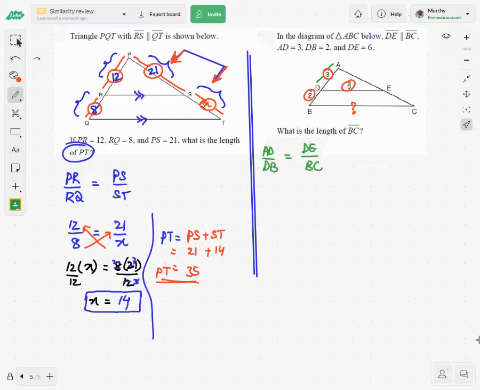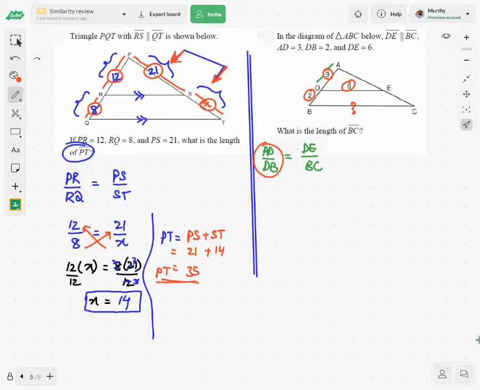But if you take AD over DB, AD is one side of the small triangle, that is acceptable. But if you take DE, friends, DE is not one side of the large triangle, but it is a part of a side. That's the reason you are messing it up. Again, I'm repeating.